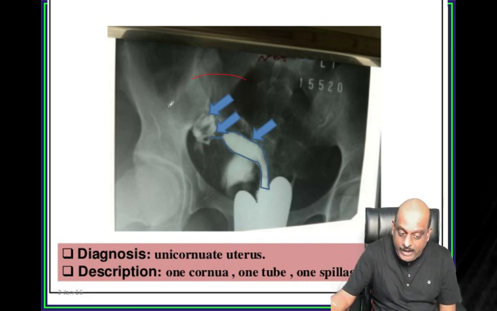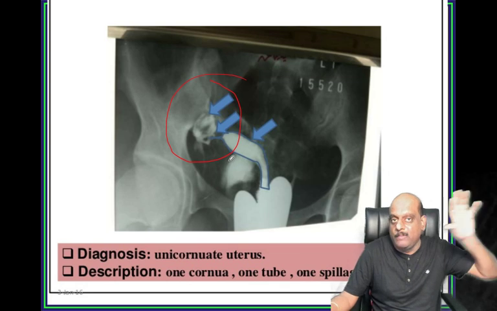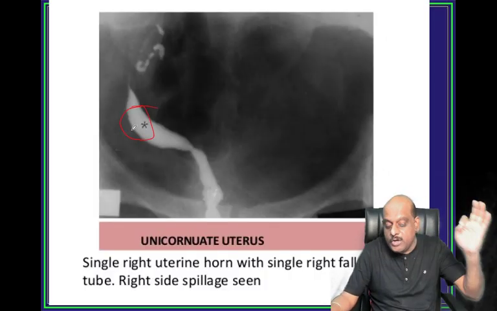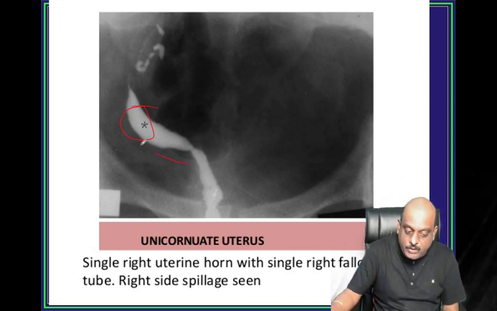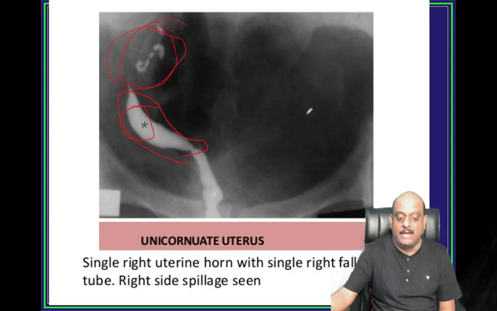So this is how a unicornuate uterus looks: there is one cornu, one tube, one spillage. This is also a unicornuate uterus, single right uterine horn with a right fallopian tube and right side spillage only, left completely not visible.